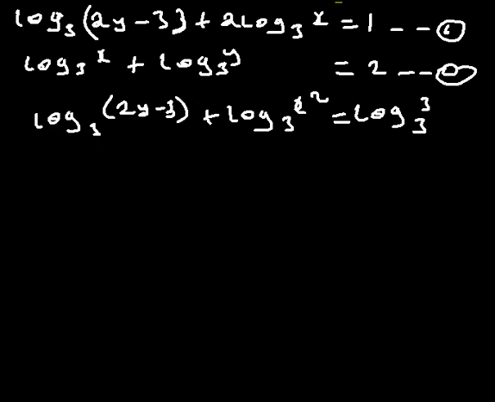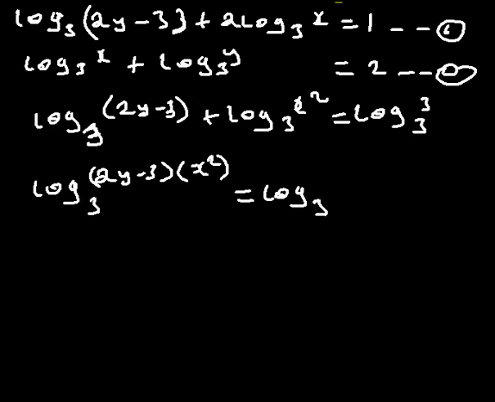Make sure you understand all the concepts behind logarithms, the laws of logarithms and other related stuff. So this is the same as log base 3 of (2y minus 3) times x squared, which is equal to log base 3 of 3.